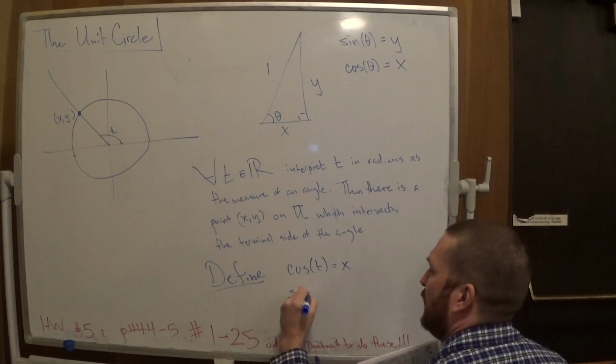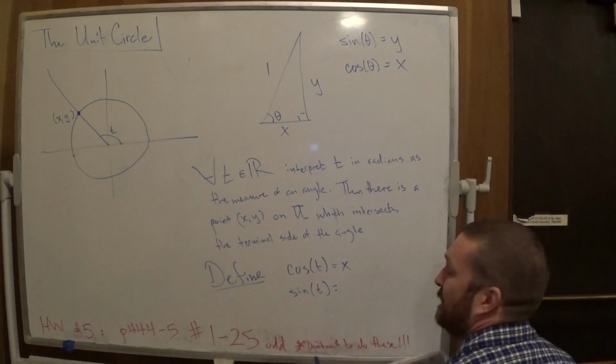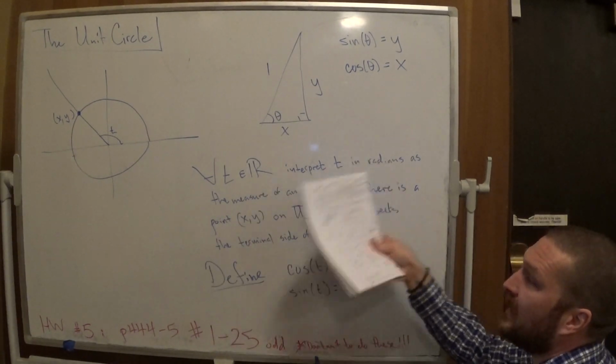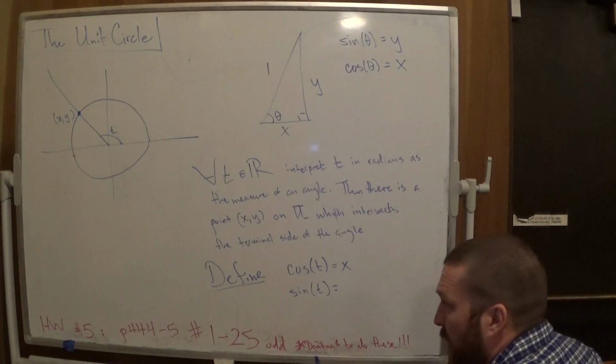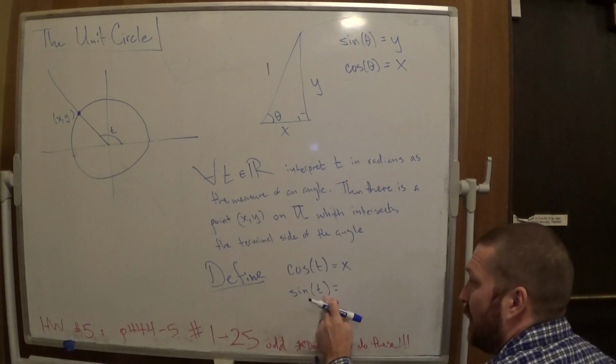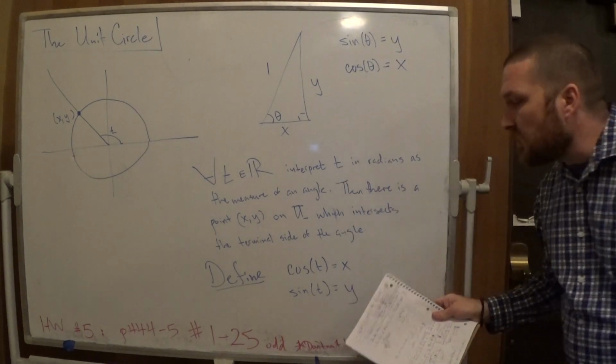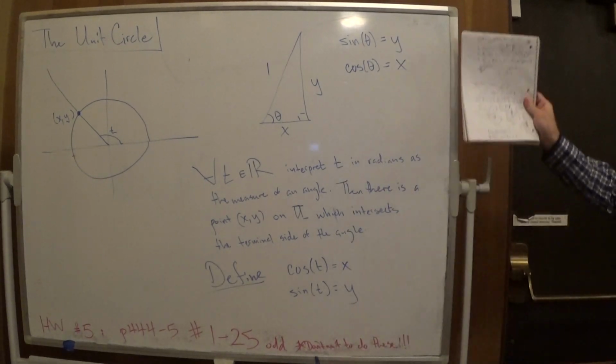Define sine of that, it doesn't really need to be an angle, it's a real number that we're interpreting as an angle, but it's just a real number. That sine of that real number will be the height. And in so doing, we get all of this.